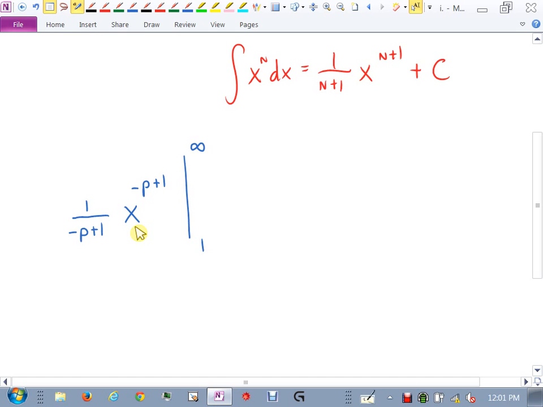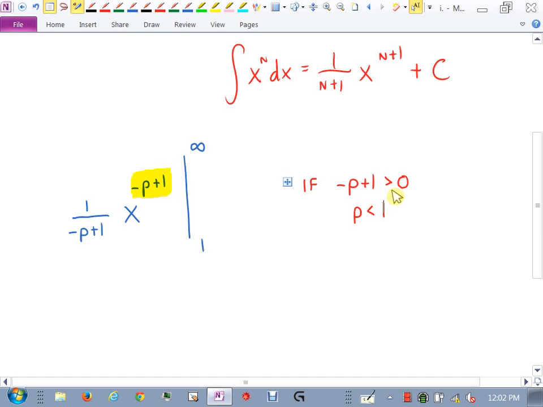So the big question is really, is this negative p plus 1 positive or negative? If negative p plus 1 is positive, and let me just move things around here, that means p is less than 1, right?